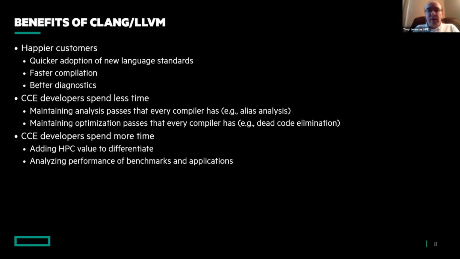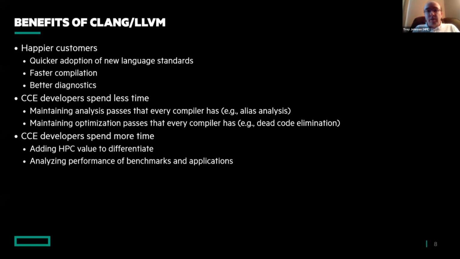So depending on how your inliner works and how much code you inline, this really contributes to how many functions you have to compile and how large these functions are that you have to compile. And as we saw larger and larger C++ applications with more and more templates, the compile time of our older compiler infrastructure was just not dealing with that very well, versus CLANG and LLVM were able to cope with that much better.